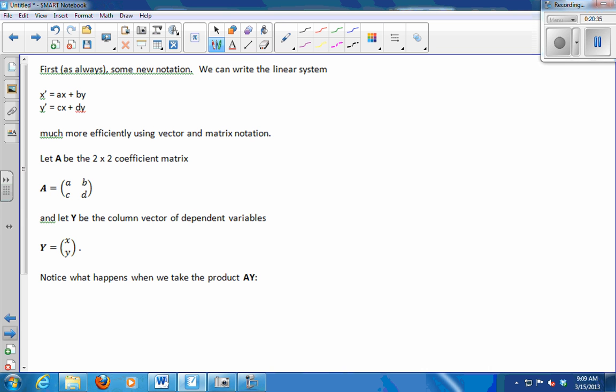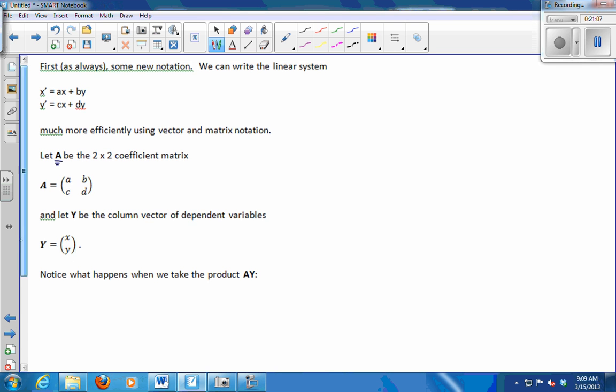We can write this using vector and matrix notation. A is the 2 by 2 coefficient matrix. You just put big brackets, 2 entries across, 2 entries down, and put in the coefficients a, b, c, d. We call that the coefficient matrix. And Y is going to be a column vector of dependent variables, the x and the y. Again, I'm using a bold letter to represent a matrix or a vector, and unbold to represent just scalars, numbers.